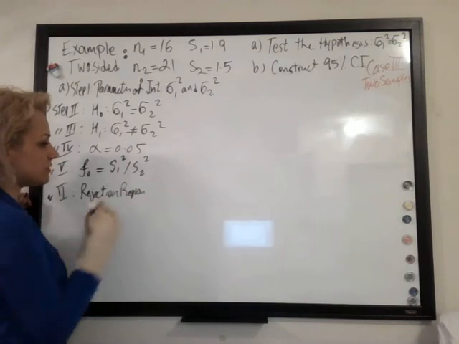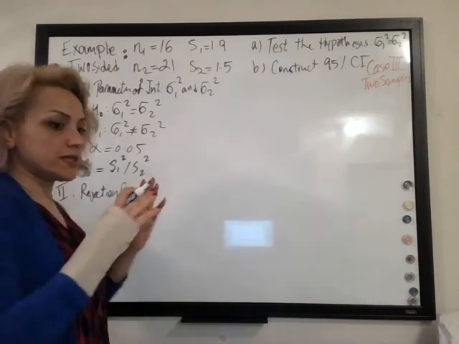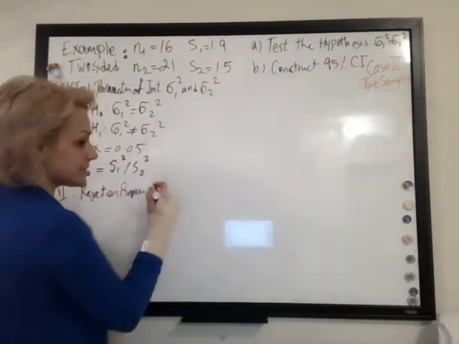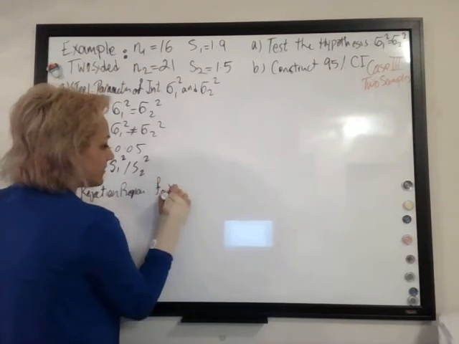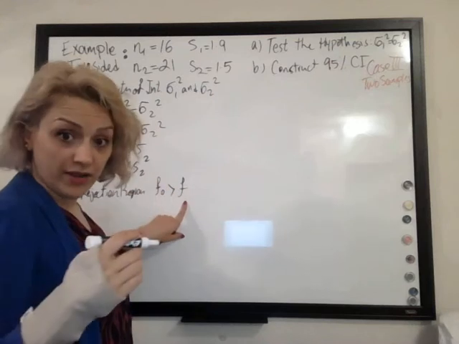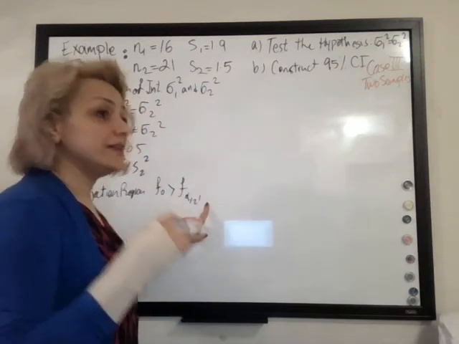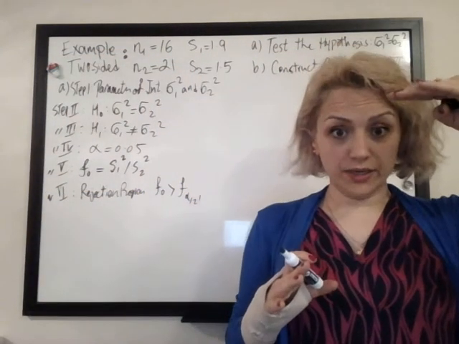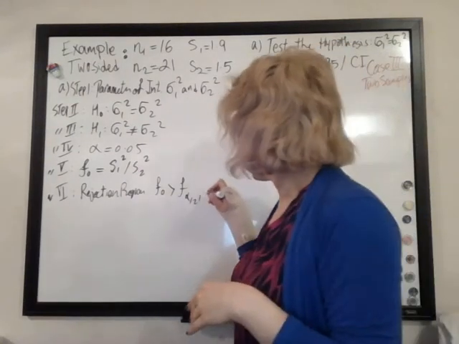For the rejection region, our F observed is less than or greater than some number. So I would say the F observed is greater than F at half of the alpha, and then degree of freedom of the numerator, and then degree of freedom of the denominator.